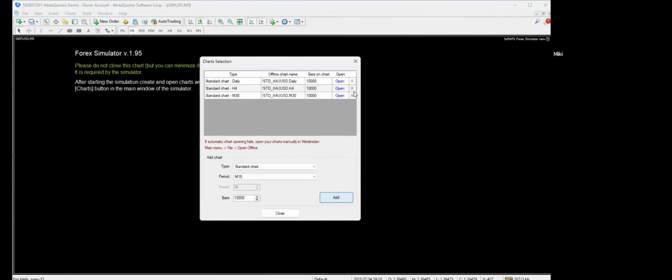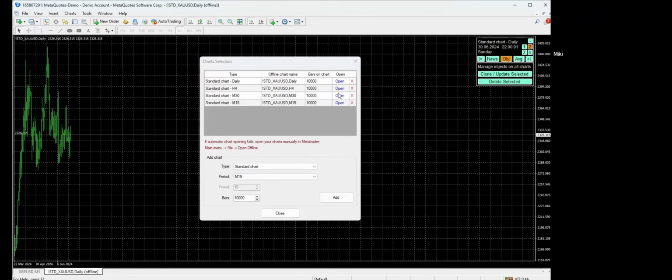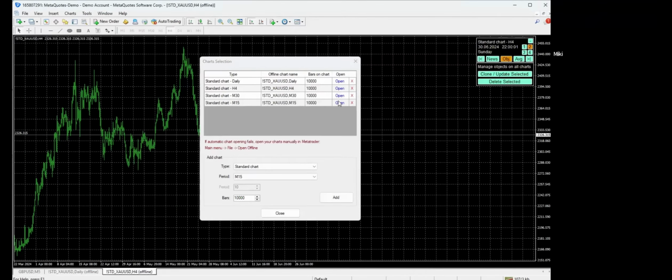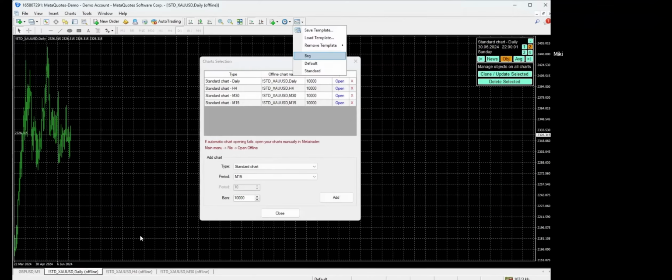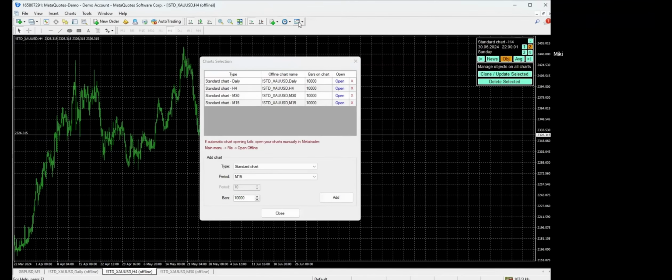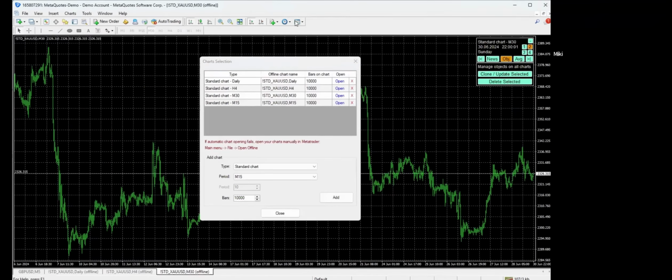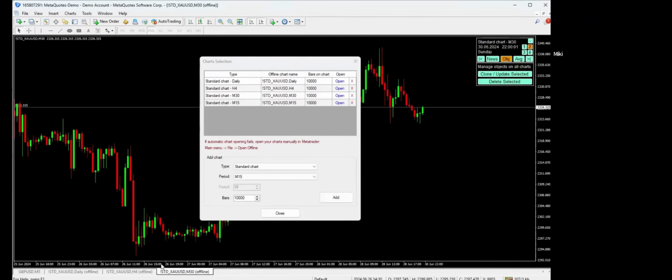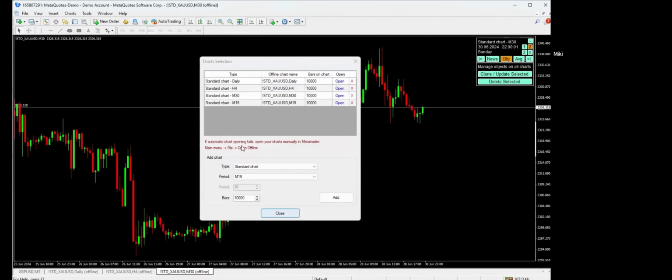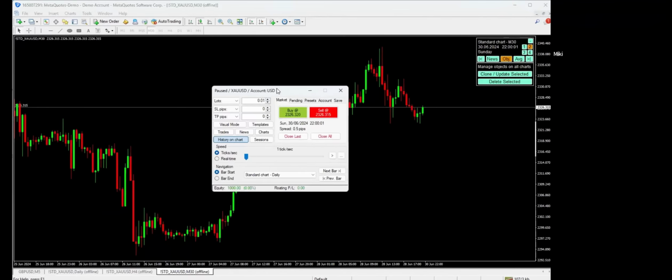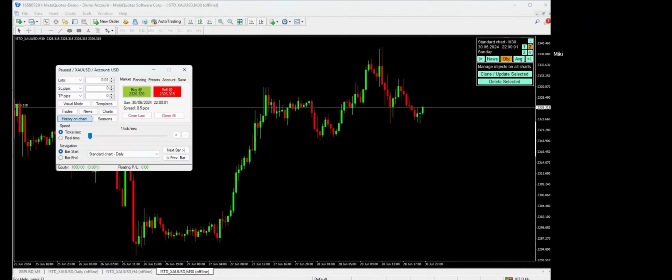And the 15, I'm just going to use this to help move the time along. So 4-hour, 30-minute. I don't even need to open a 15-minute chart. Scale fix. I need to move that chart. Perfect. All right, so daily.